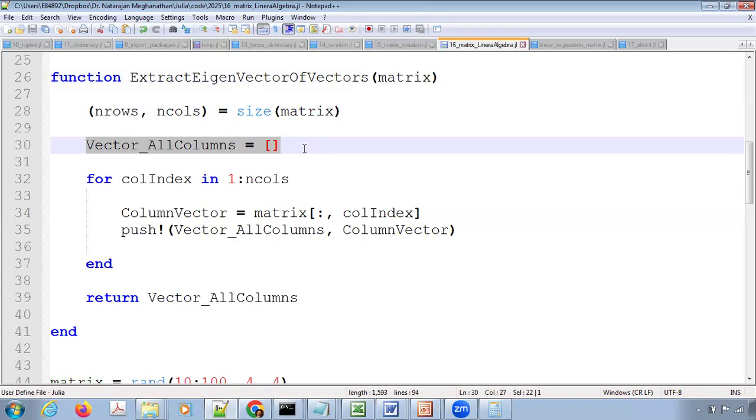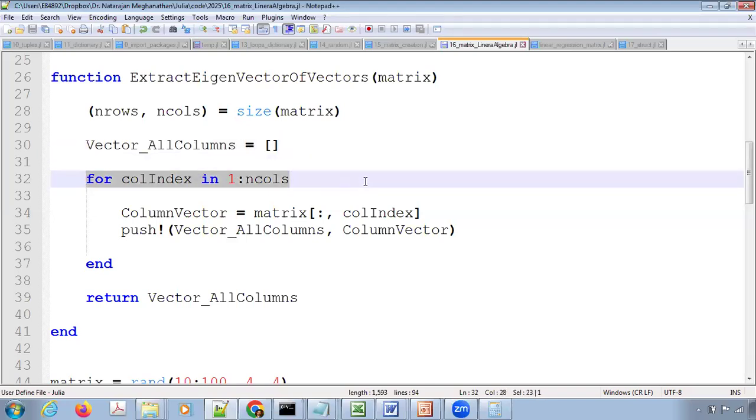So I want to put in this vector, the entry is also going to be the column vectors. So I want to put the first column vector, followed by a second column vector, followed by a third column vector, followed by the fourth column vector. It's a 4x4 matrix. So I get into each column because I want to extract column vectors. So I run a for loop corresponding to the number of columns.